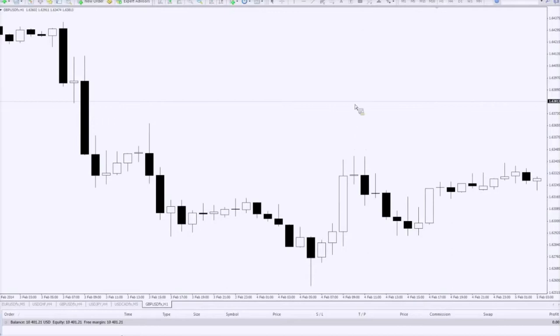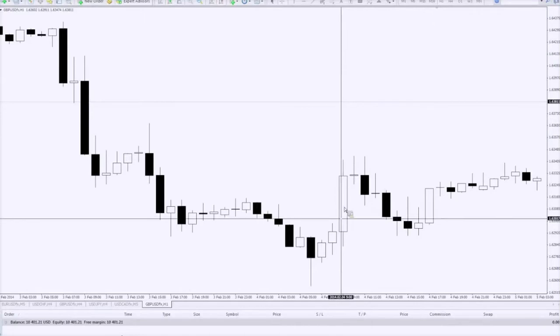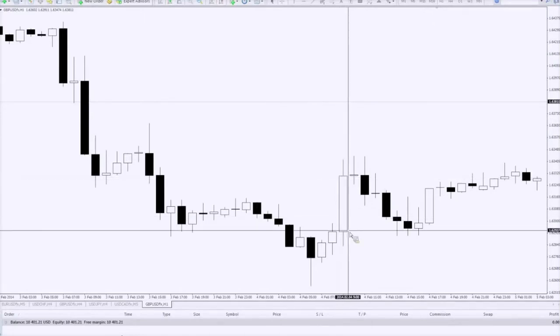The open to close of this candle, we can measure it with a crosshair. I don't know what platform you're accustomed to, Jay and Gene. But on the MetaTrader 4 platform, we can measure various things using our crosshair. All right.